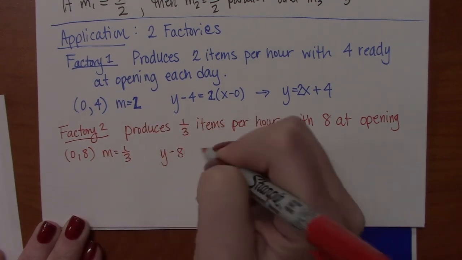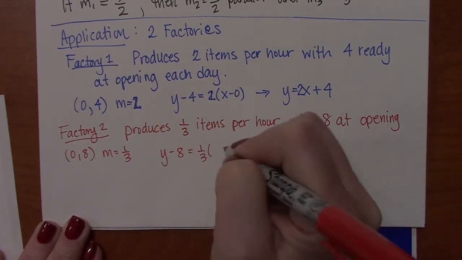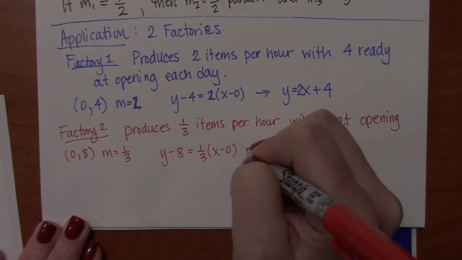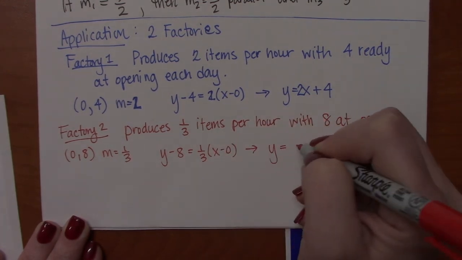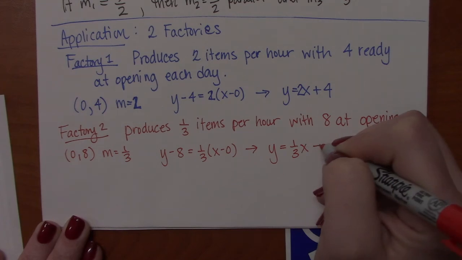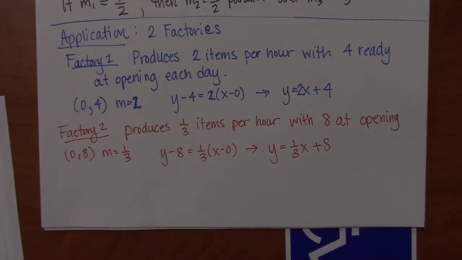So y minus 8 equals 1/3 times x minus 0, which gives us a line of 1/3 x plus 8. And I want to know, what time of day do the factories have the same amount of items on their factory floor?